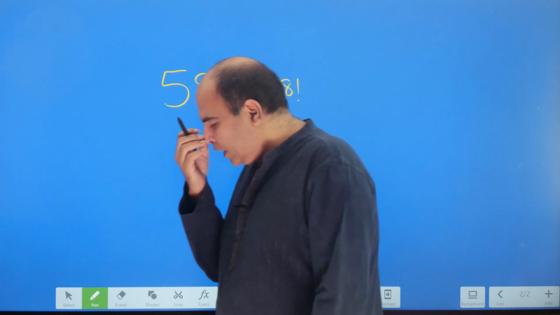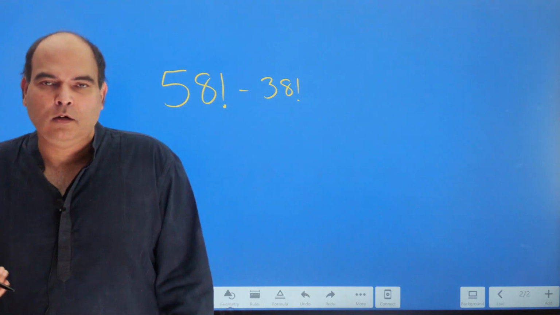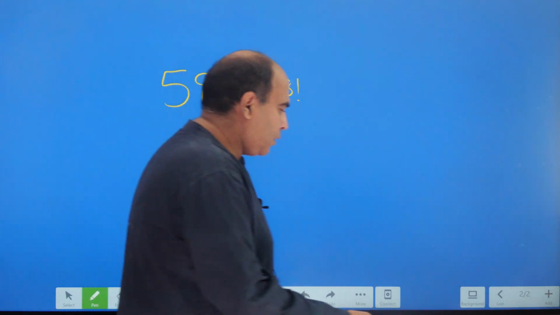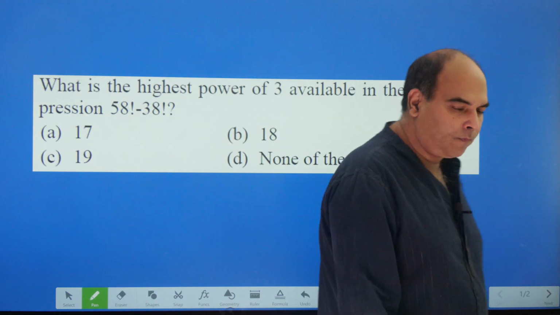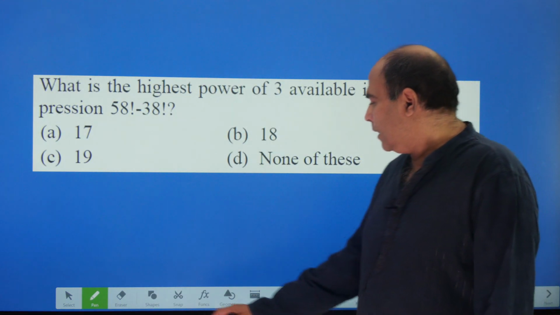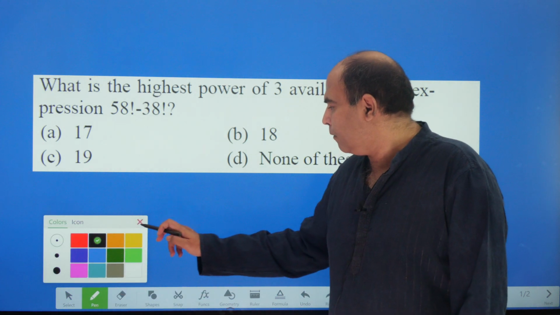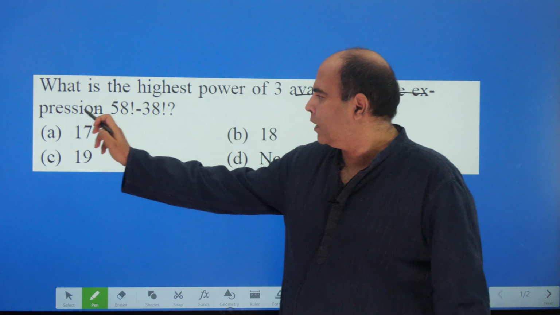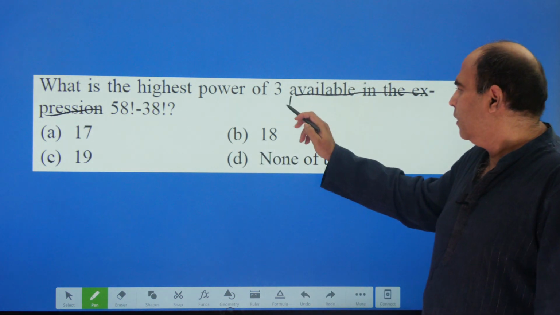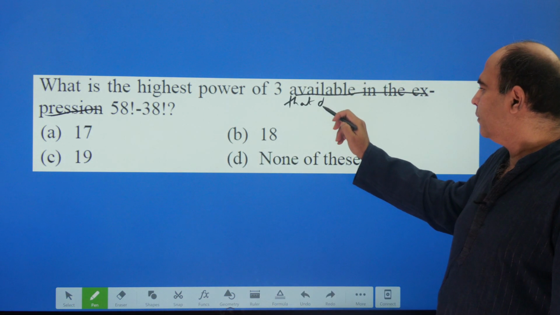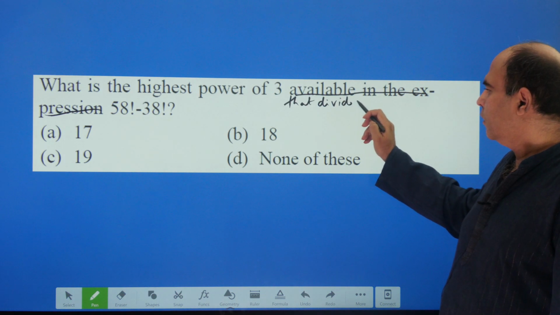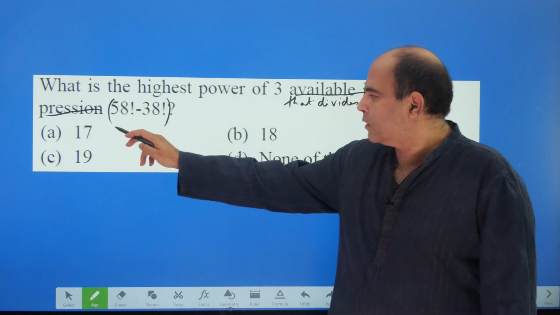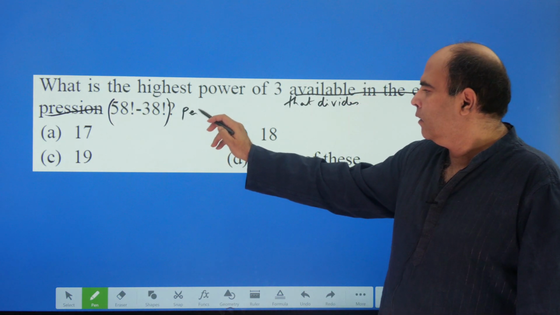This question can also be worded as, what is the highest power of 3 that divides this expression? Rather than what is the highest power of 3 available in the expression, I could have worded this, what is the highest power of 3 that divides 58 factorial minus 38 factorial perfectly.